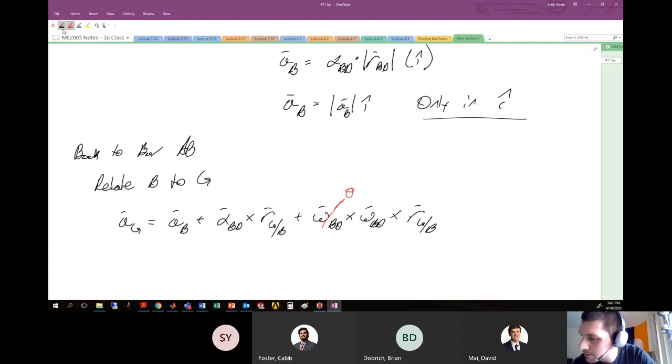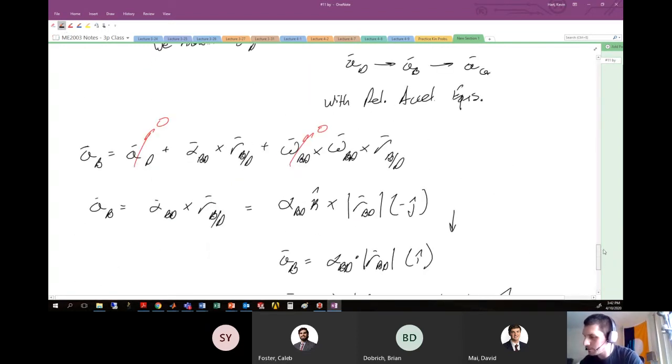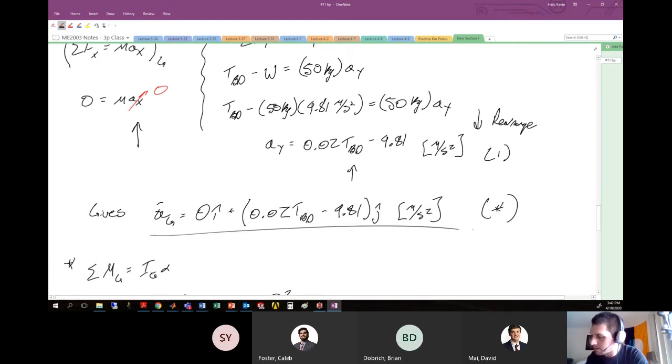And we know that this acceleration of point B is only in i hat from this previous discussion. So acceleration of G we have up here, discussed previously.